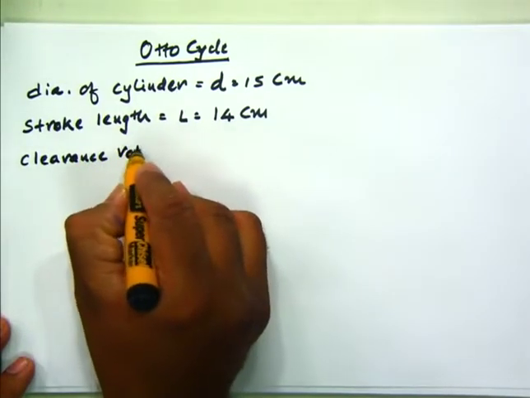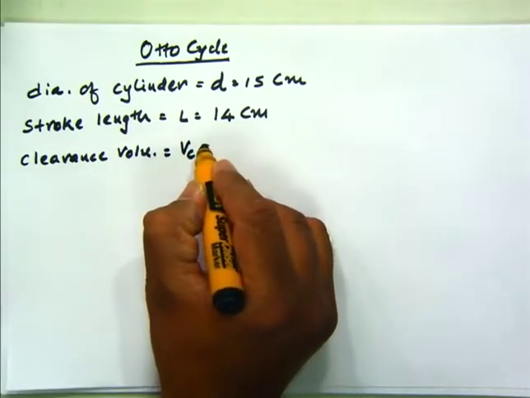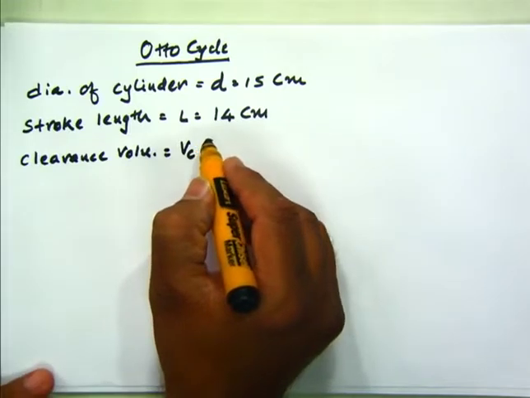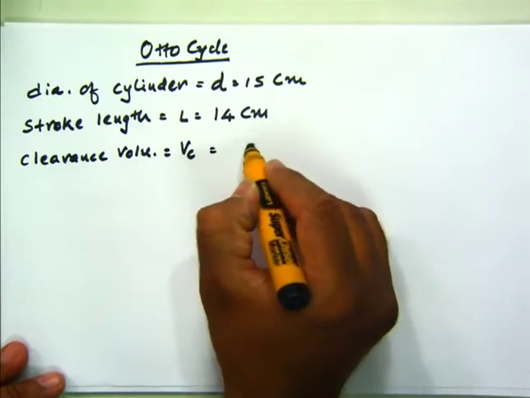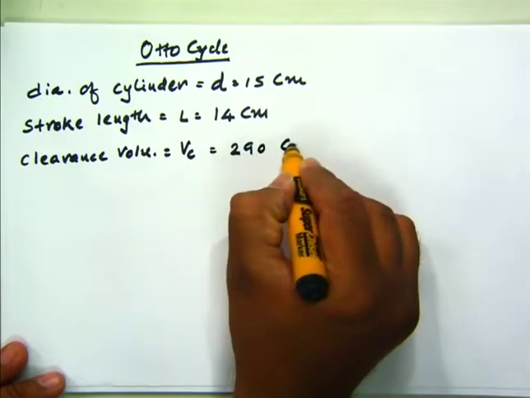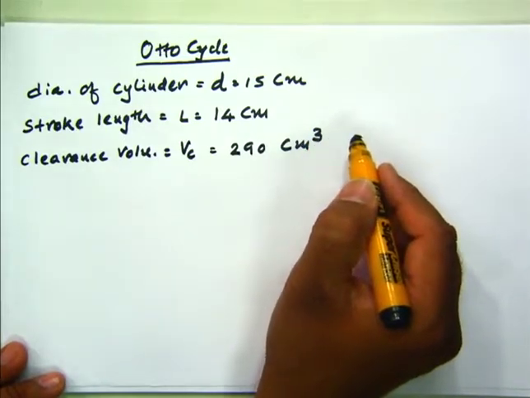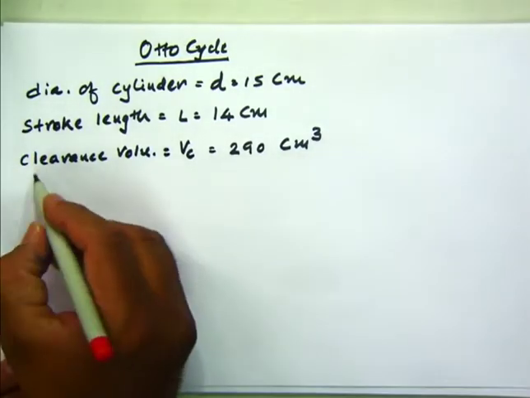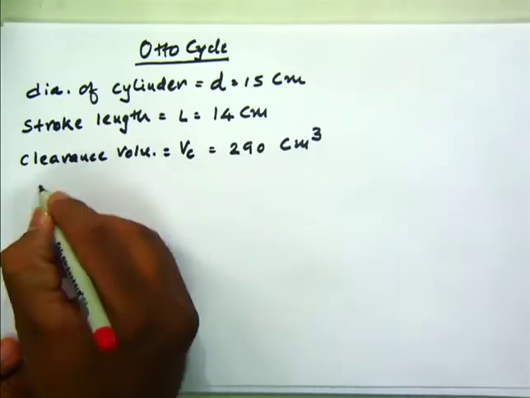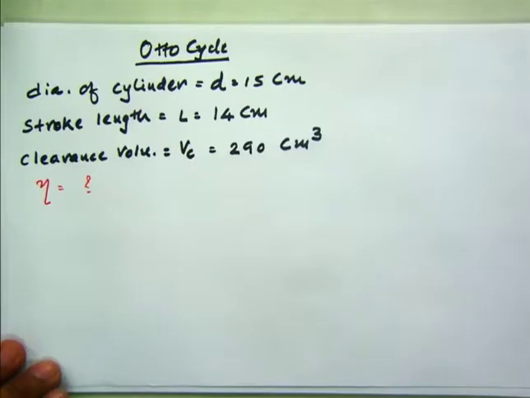Clearance volume is given, VC, that is equal to 290 centimeter cube. Find out the efficiency of the cycle.